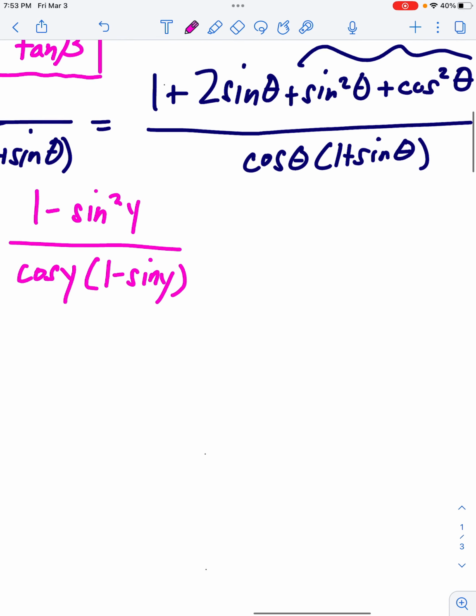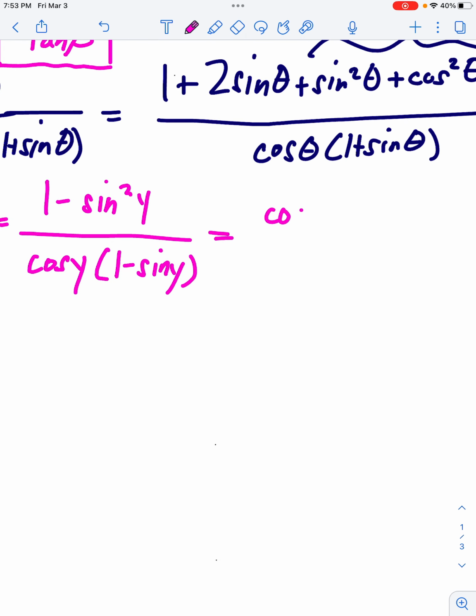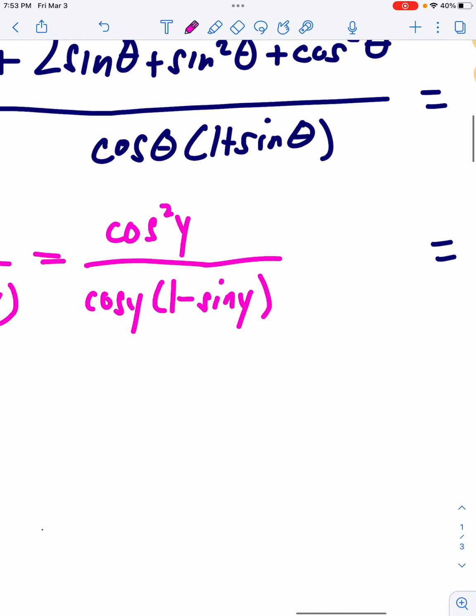So 1 minus sine squared is cosine squared. And then this might be kind of tricky for some people, but in the top here, I have a squared, something squared over that thing.